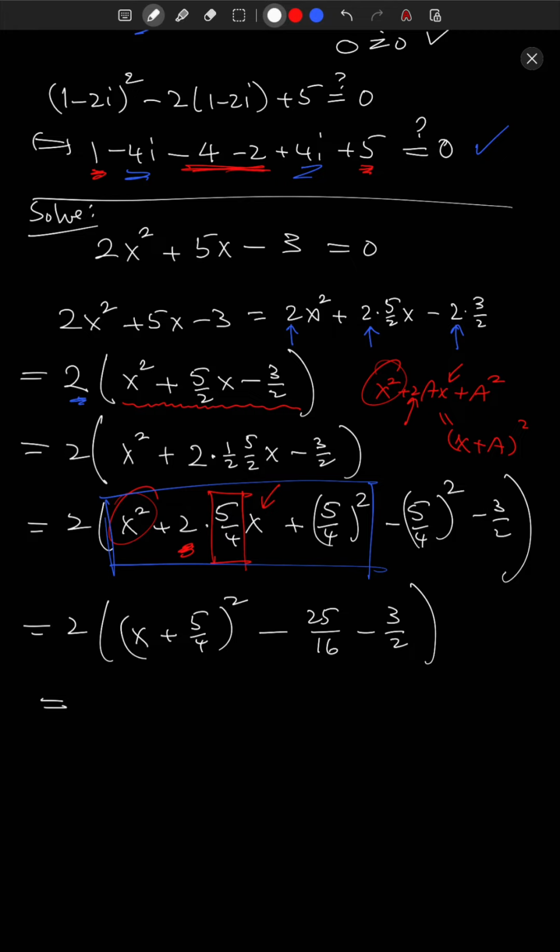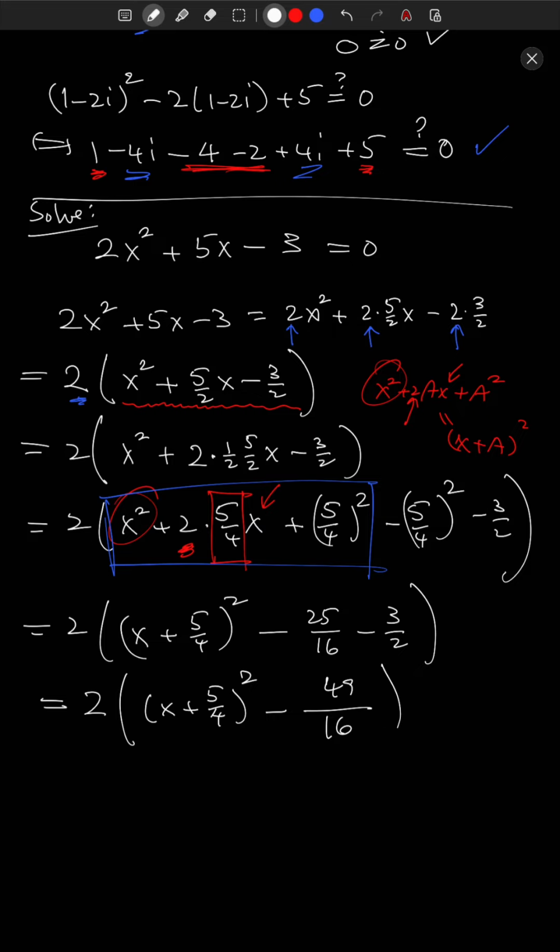Now, depending on how you want to use this, we can multiply this 2 in, or we don't have to. I'm not going to, because I know I'm going to be solving an equation, and so I know I can cancel it away. We'll see that in a second. But let me put these over a common denominator. The common denominator is 16, times 8, 24.